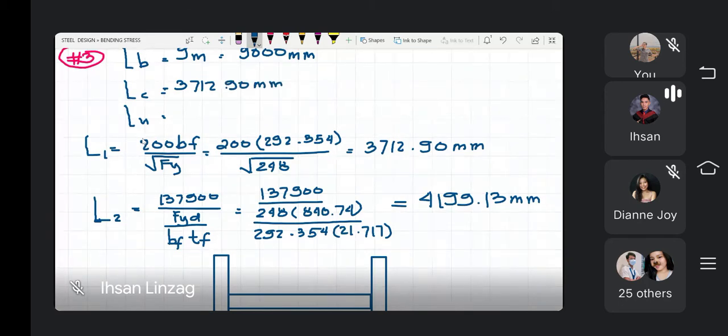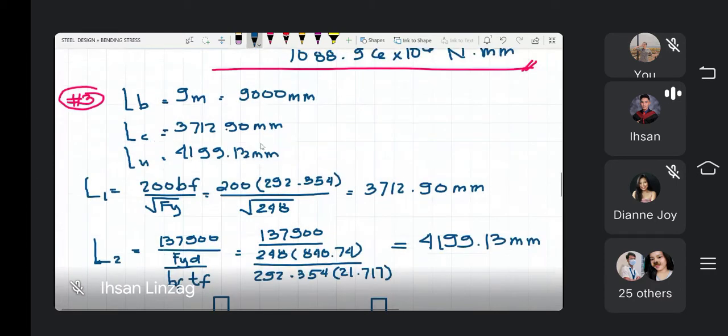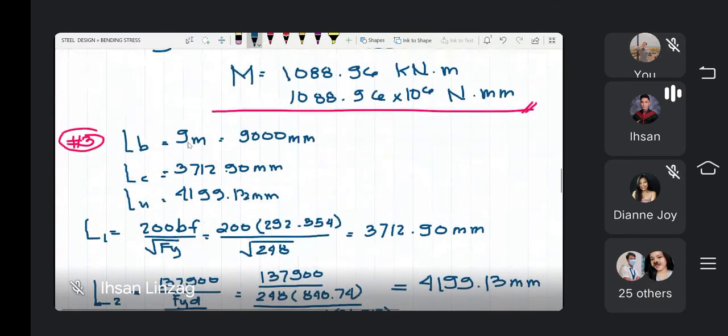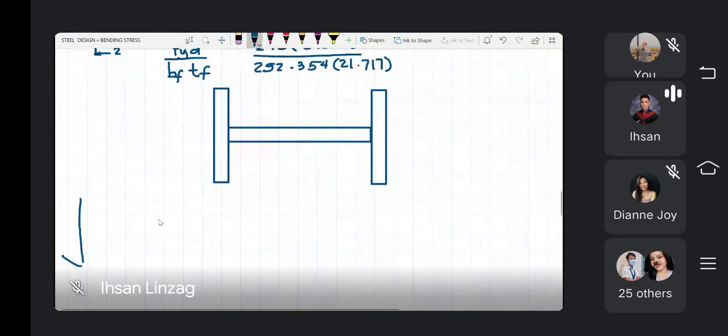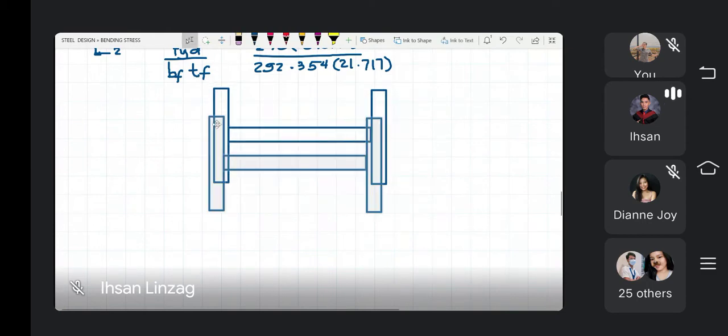And the LU is the bigger one, 4199.13 mm. Then, titignan natin ulit yan. LB is greater than LU. And of course, kapag greater than LU siya, greater than LC na rin yan. So, meaning to say, ayan, na-prepare ko na to para hindi ako mag-drawing later on.